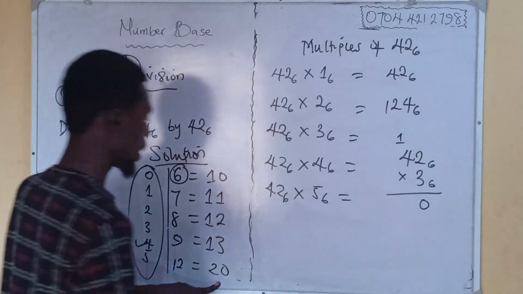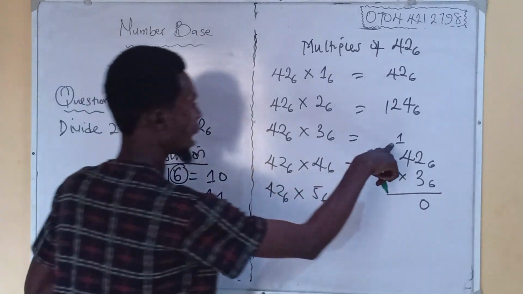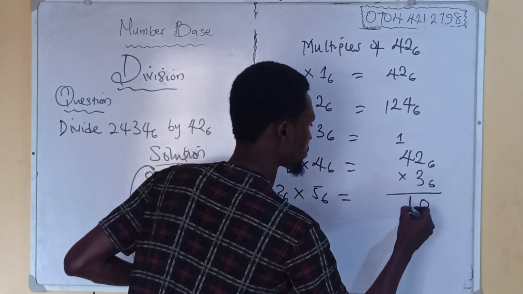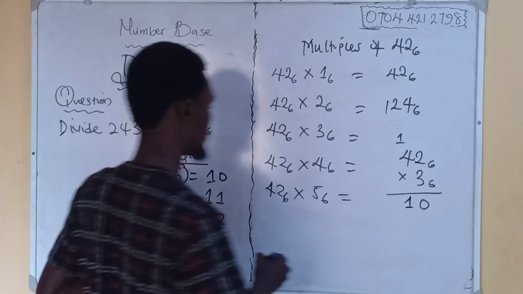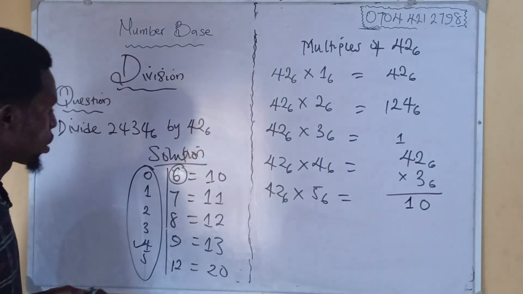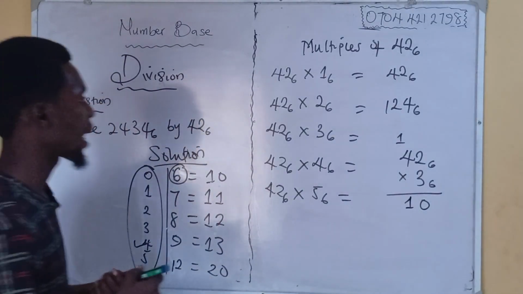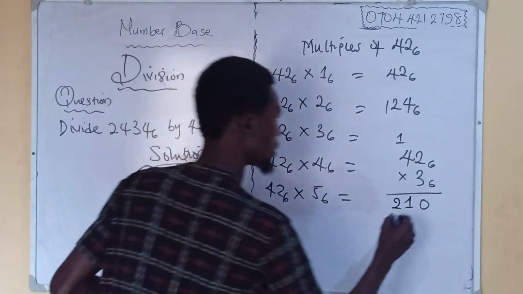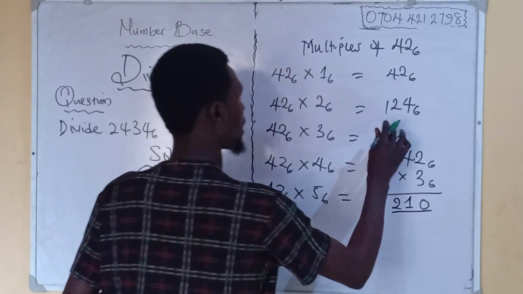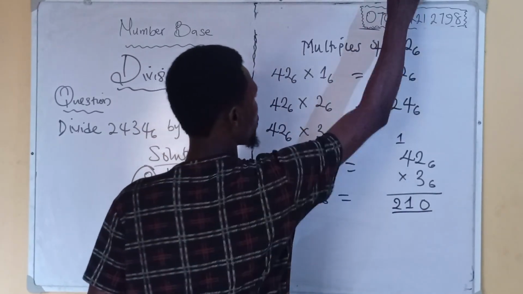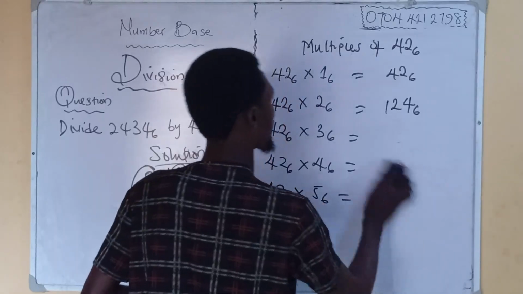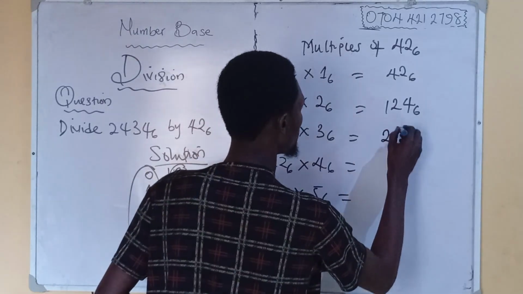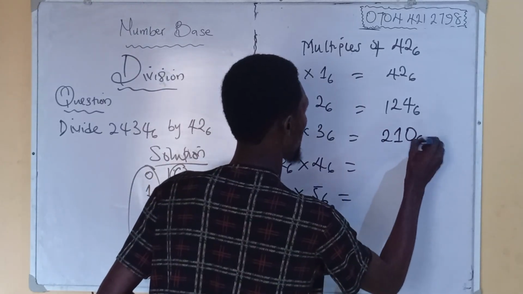So this one will now be 20 plus that one will give you 21. So you write down 1 and carry 2. So this is what you get. You have here 210 in base 6.